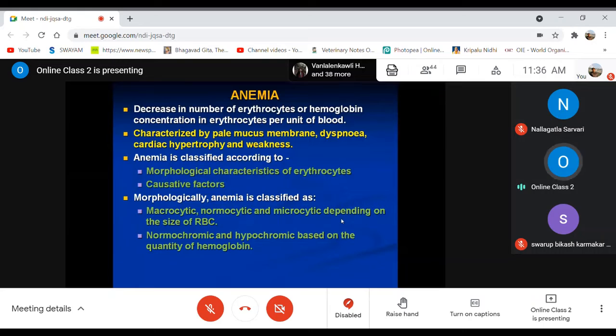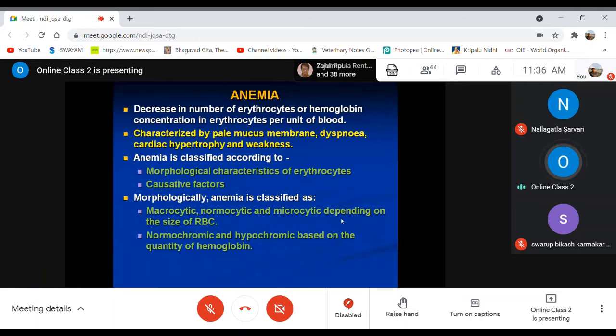Then, according to the quantity of hemoglobin, the color of the RBCs will differ.